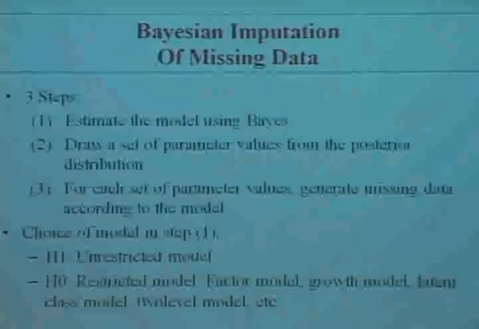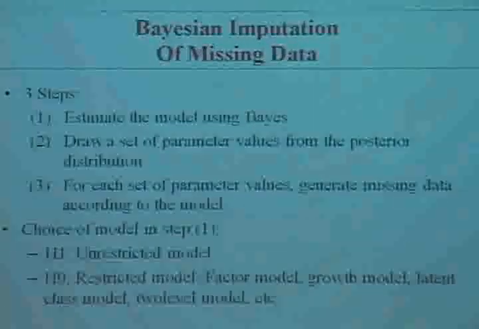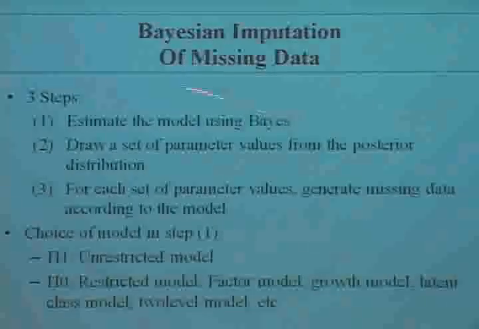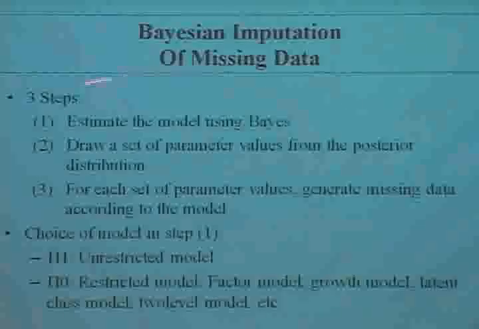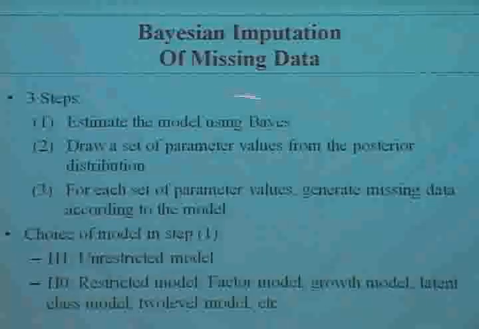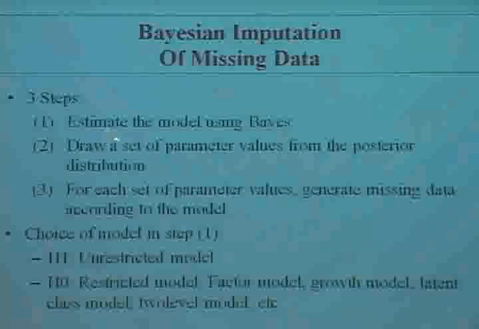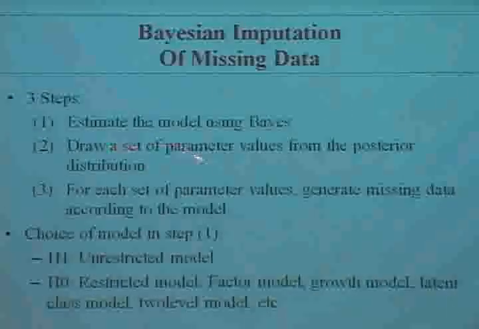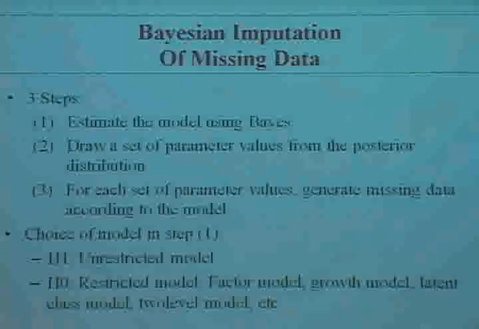Multiple imputation is basically done using the Bayesian methodology. We first estimate the model. We wait until that model converges. After we conclude that it converges, we continue to draw parameters from the MCMC sequence.